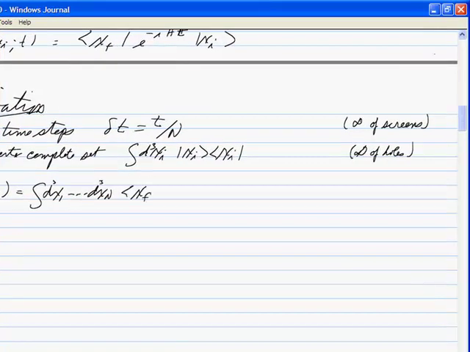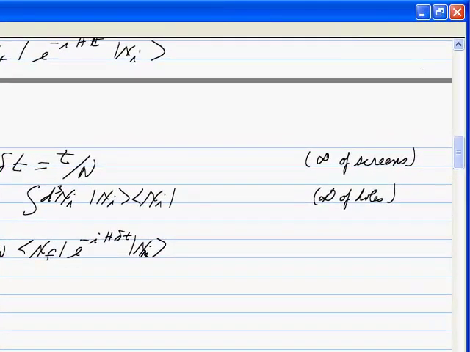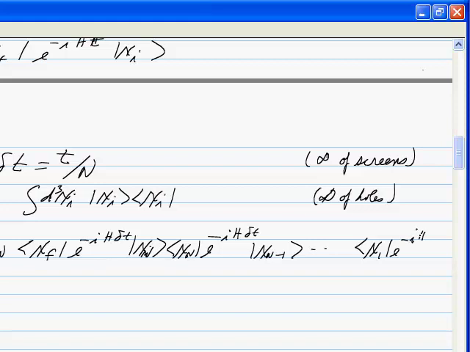Then we do ⟨x_f| e^{-iH Δt} |x_n⟩⟨x_n| e^{-iH Δt} |x_{n-1}⟩ etc., all the way down to ⟨x_1| e^{-iH Δt} |x_initial⟩.